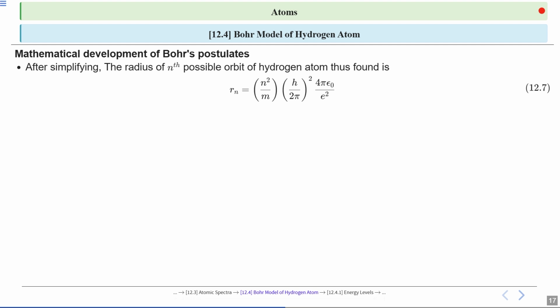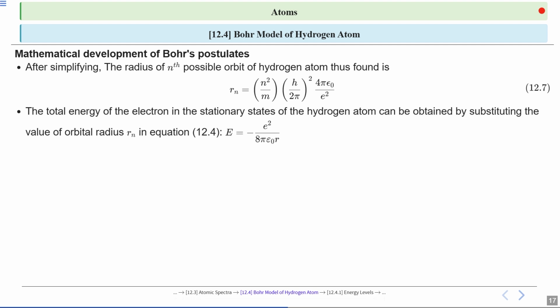Here Rn is the radius of the nth orbit, n is the orbit number, m is the mass of the electron, h is Planck's constant, epsilon naught is the permittivity of free space, and e is the charge of the electron. Notice that as n increases, the radius increases with the square of n. So higher orbits are much farther from the nucleus.